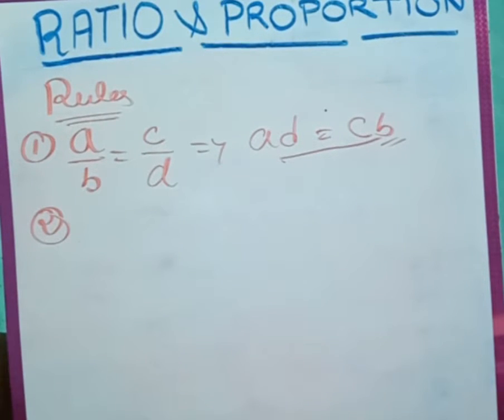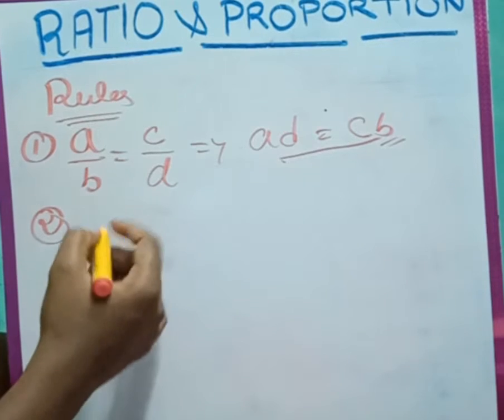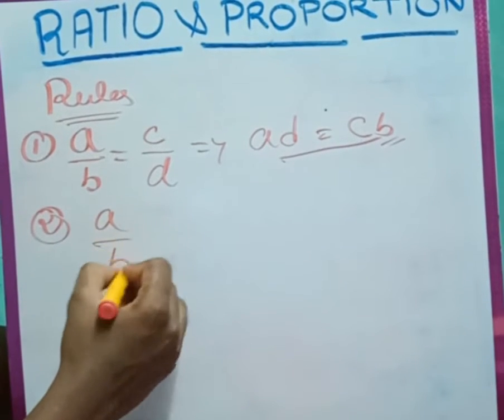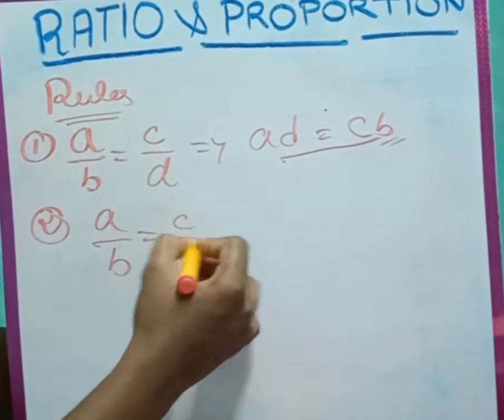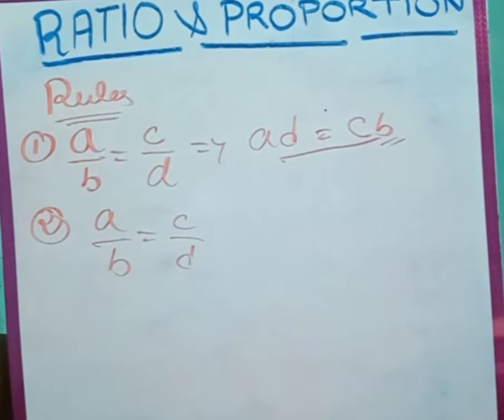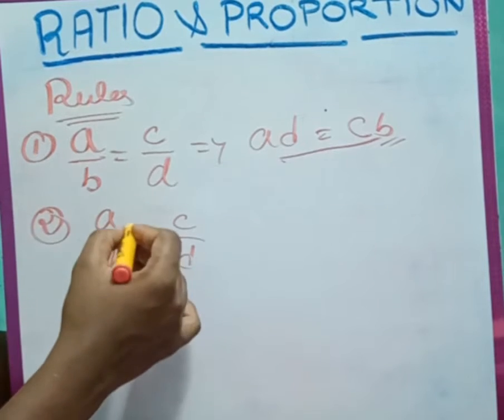So in the next rule, for example, if you want to know which ratio or fraction is greater or which one is smaller, we have the same thing. For example, if we have two fractions, a by b and c by d, and we want to see which ratio is bigger and which is smaller, we can just cross multiply.